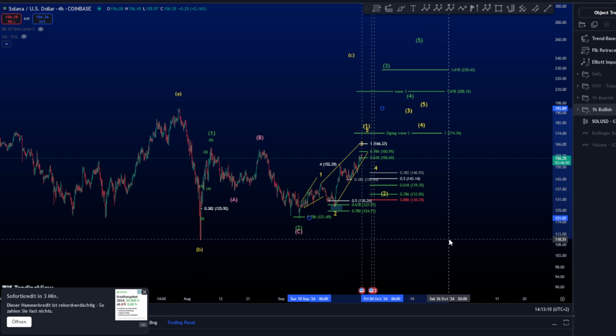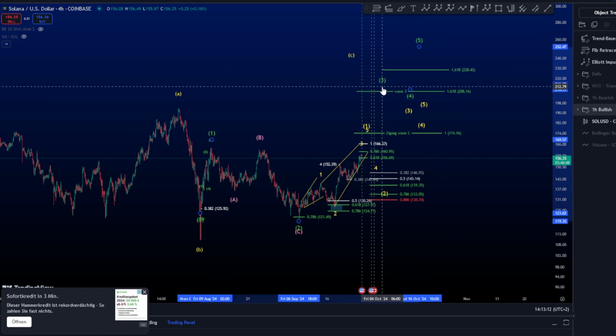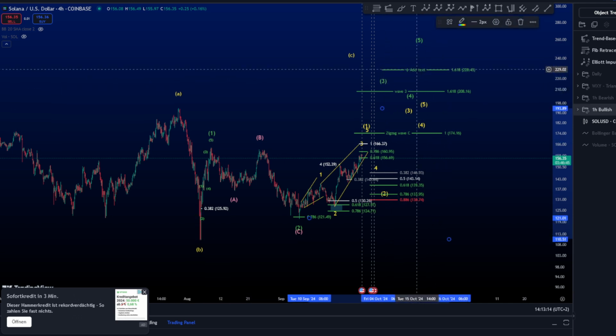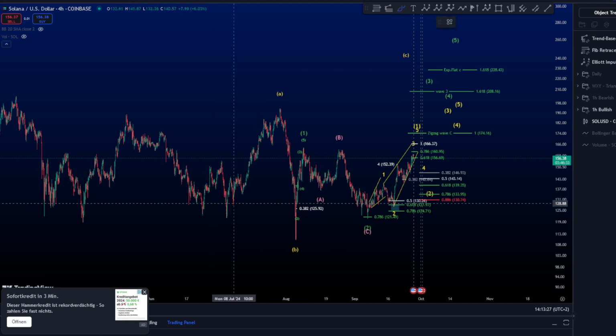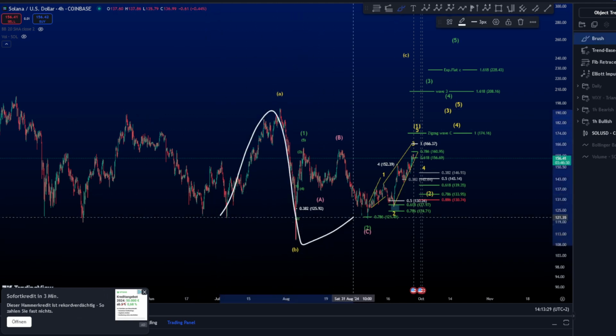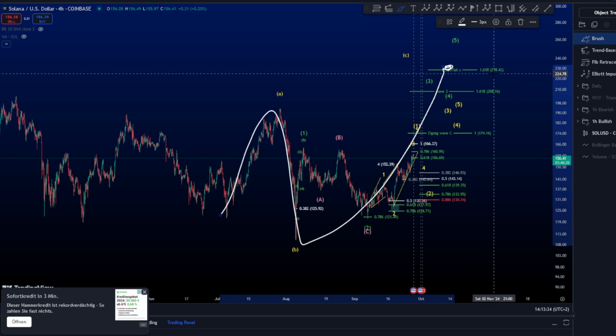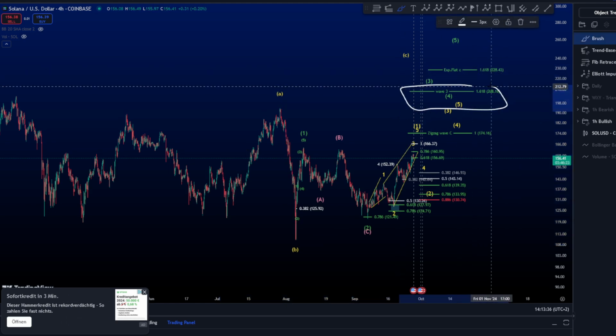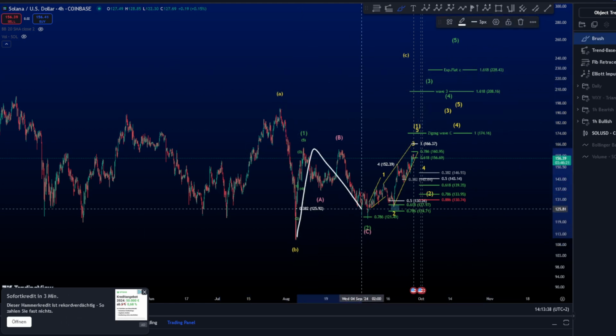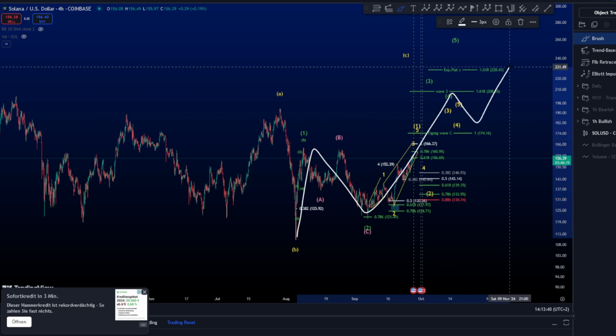That's why it is a very low possibility, because your expanding flat wave C would have to be higher than your wave 3 as an impulse, which is not really likely. By all means, if we are in an expanding flat, your wave C has to touch 228, which is higher than your wave 3 here as 1, 2, 3, 4, 5.